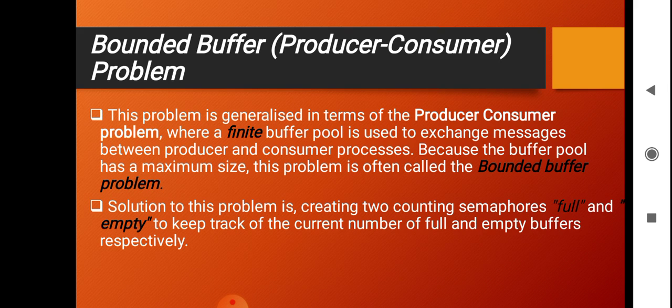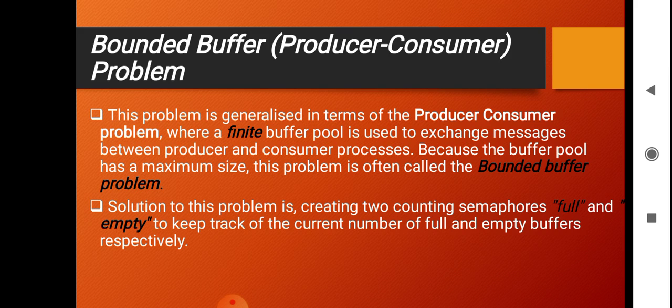The consumer has to consume the data that has been produced by the producer process. Clear? So here we use the two counting semaphores, full and empty. Why do we need them? We have to keep track of the current number of full and empty buffers respectively.